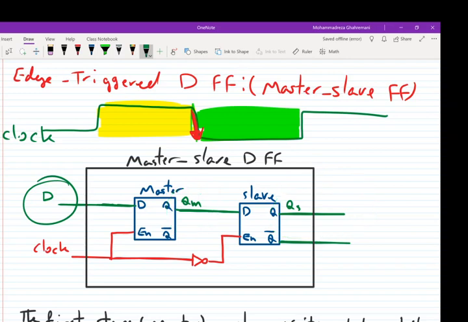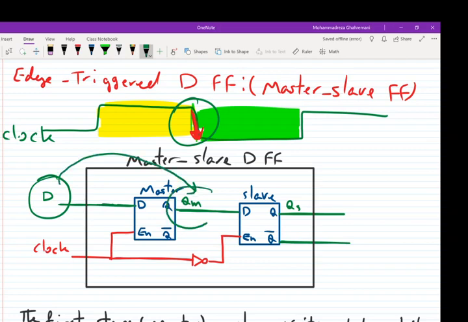At the transition moment, which I showed with a red arrow, the last value of D, which transferred to QM, remains at the output of the master, and after this transition, the master will turn off and QM will be constant.